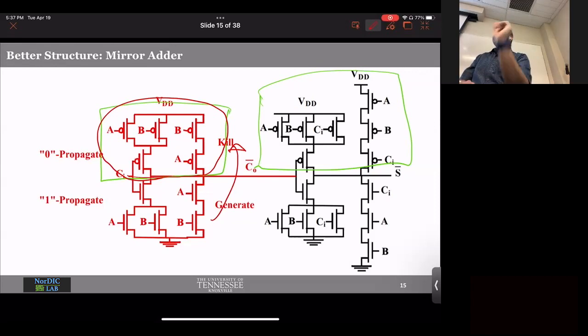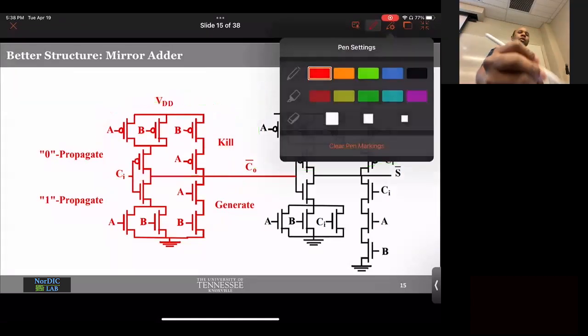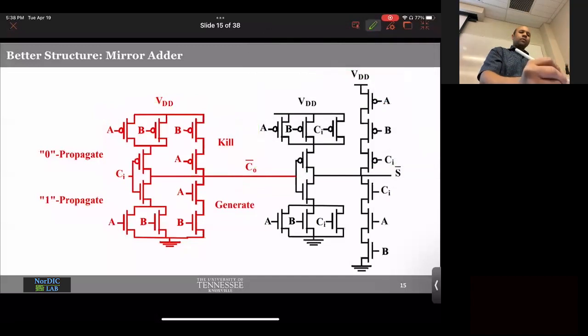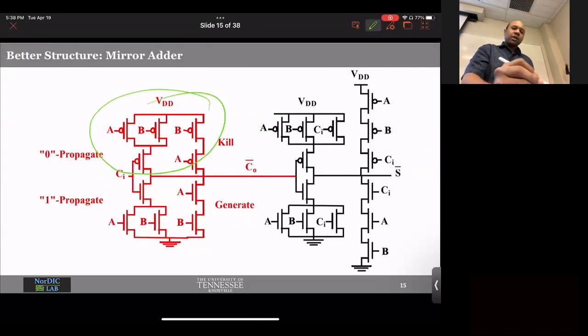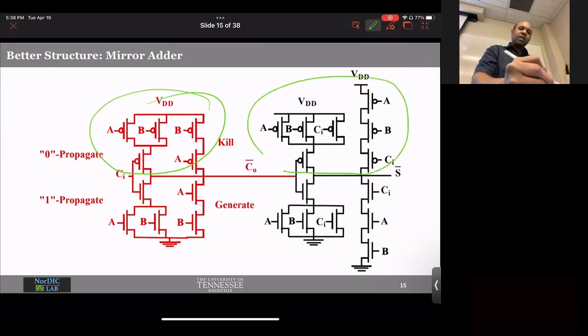This is unique for what? Sum and carry functions. That's why I told you that this is kind of a lucky coincidence. Had it not been the case, we wouldn't have the luxury to use a mirror kind of scenario. Am I making sense? Okay, so that's why you see this branch and that branch are exactly the same as the inmost branches.